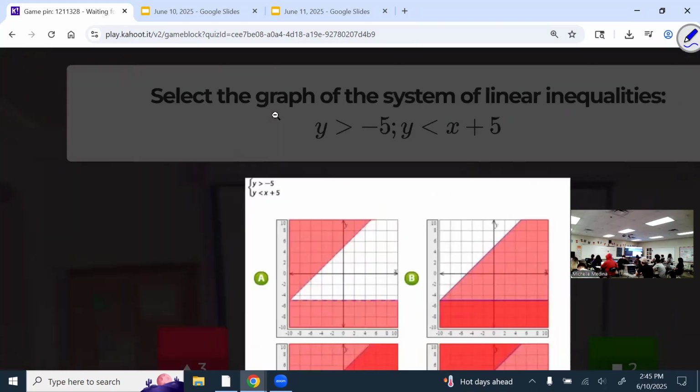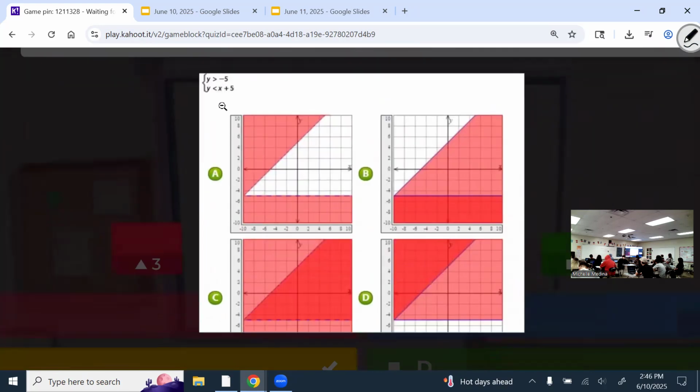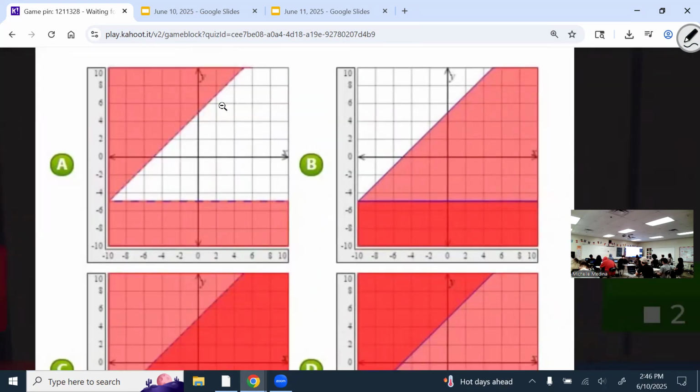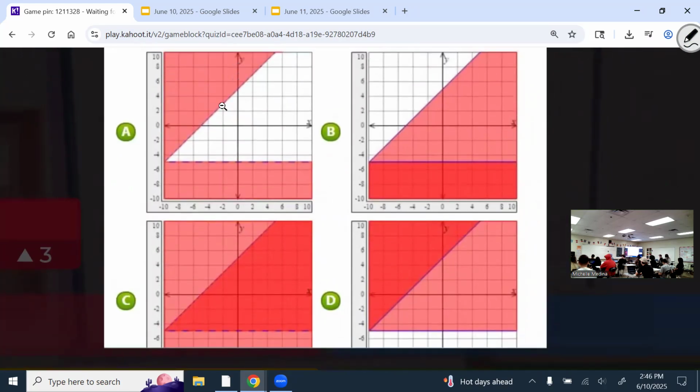So any that has them as both solid or even just one of them solid need to go. So looking at my options, that rules out B and that rules out D.